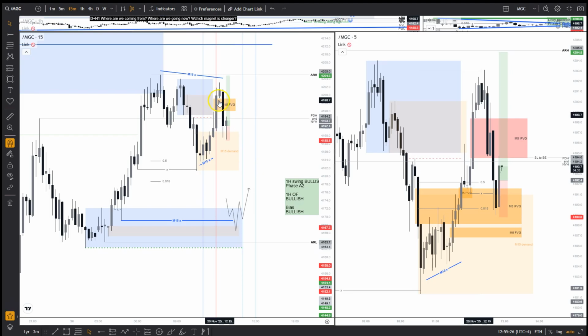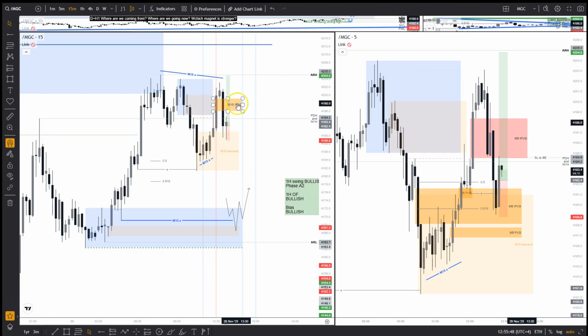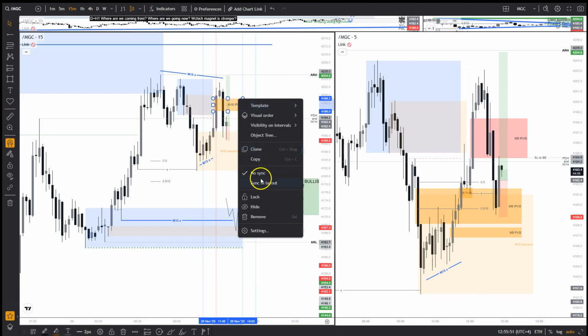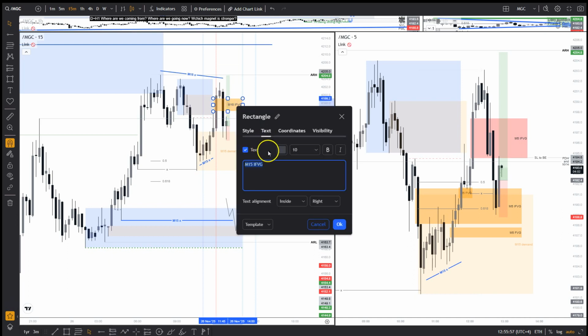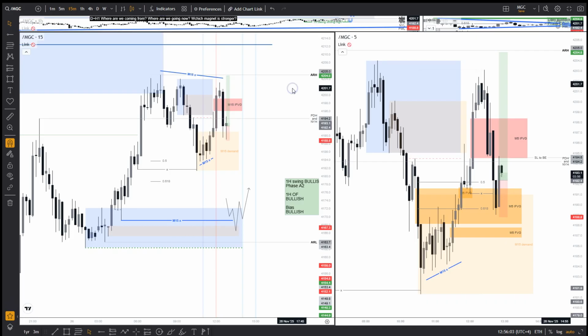Yeah, this is M15 inversion fair value gap here, which is a resistance. So do you want to trade with the resistance?